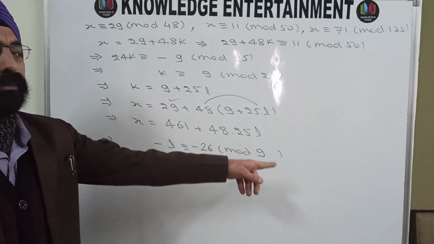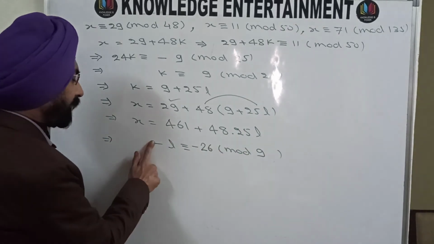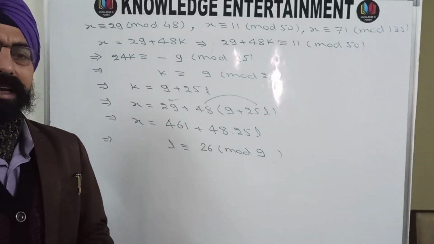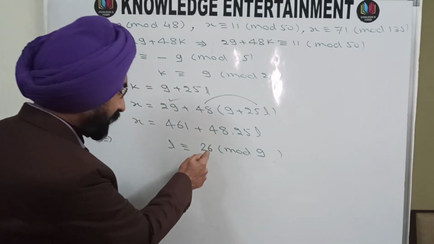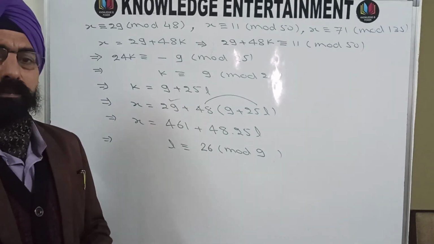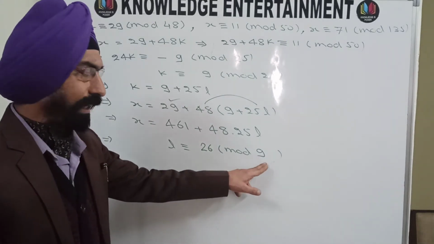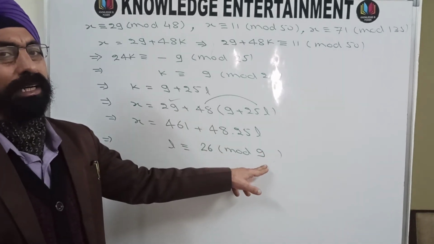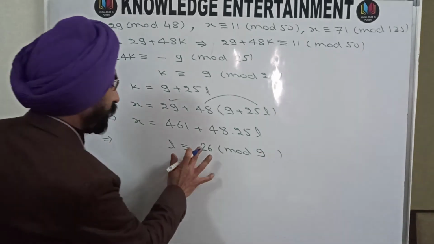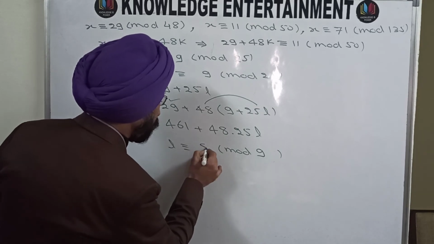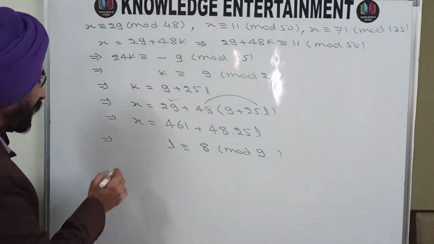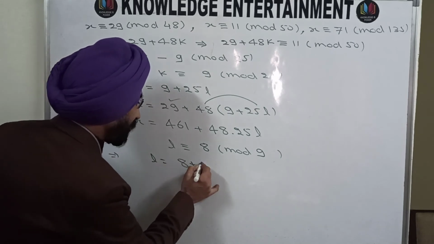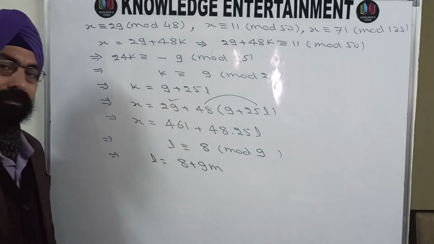And now once again multiply both sides by minus 1 to get L is congruent to 26 modulo 9. And this 26 can be replaced by a smaller quantity because you are having modulo 9. So divide 26 by 9 and the remainder you are going to get is 8. So replace 26 by 8. And from here, once again you can write L is equal to 8 plus 9m.